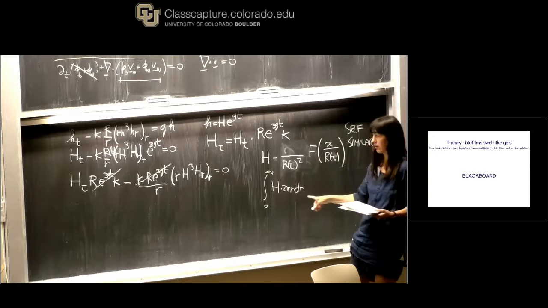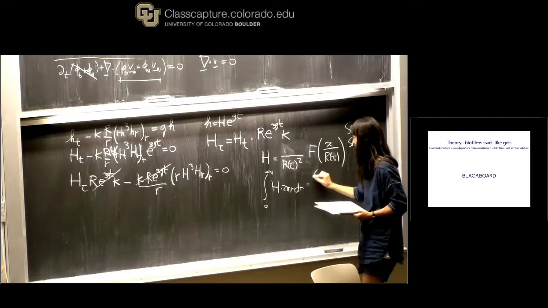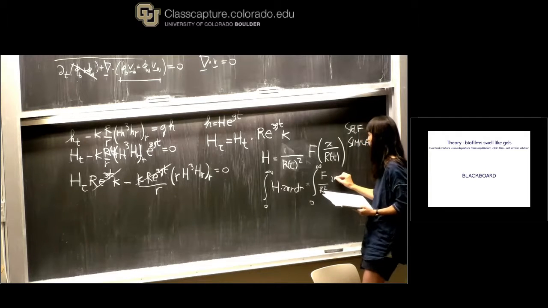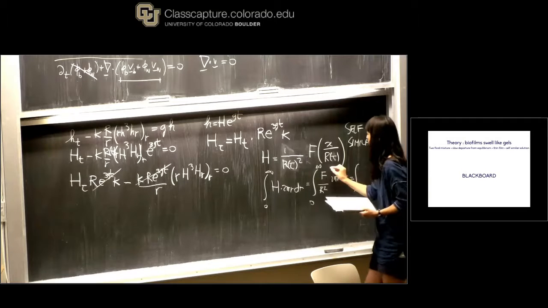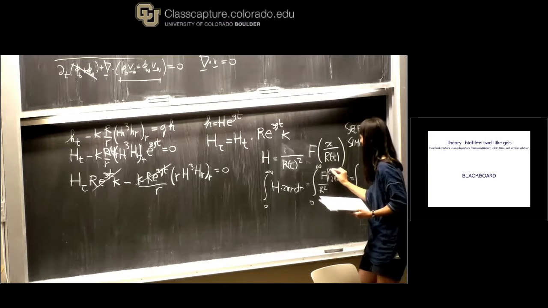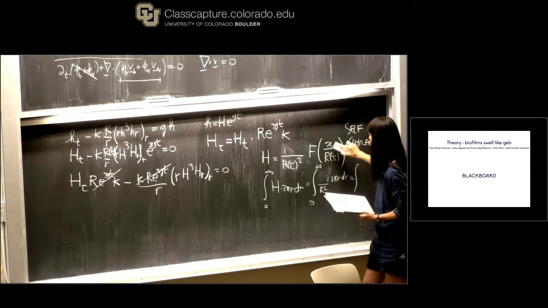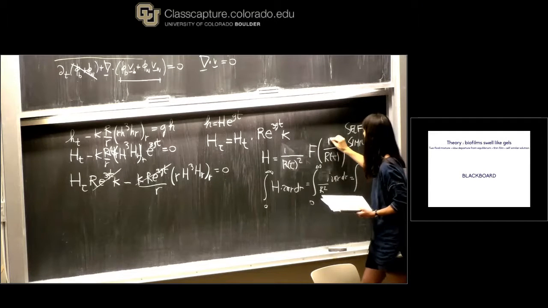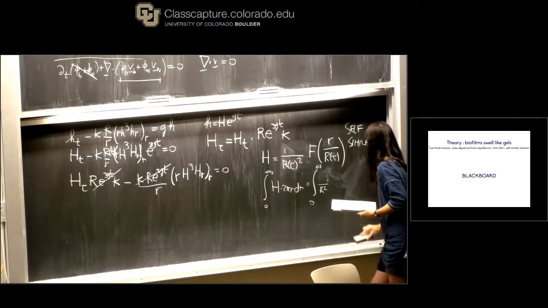So you can calculate it, and this is why you need R squared here. Let's see if it works. It should. So it's f divided by R squared times 2 pi r dr. And f is a function of r. You're now wondering what's x, right? Yes, it was r. Sorry.